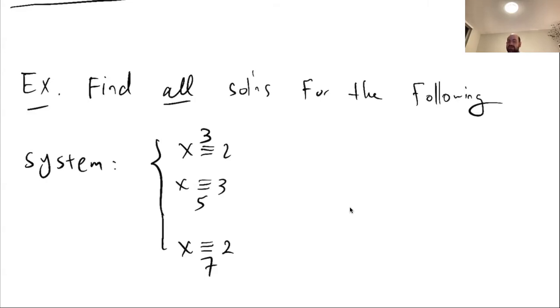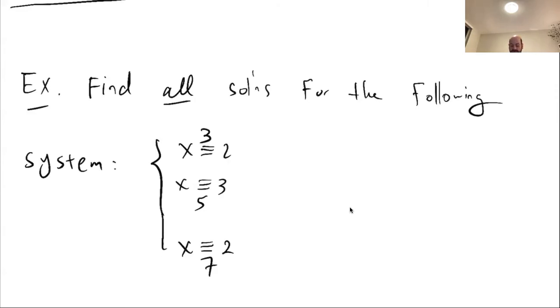That makes the question a little bit difficult, because if you want to solve this separately, it's very easy to find the value of X that has remainder 2 when you divide by 3, for example, 5 itself. But when you divide 5 by 5, you don't get remainder 3; 5 divided by 5 gets remainder 0, right?